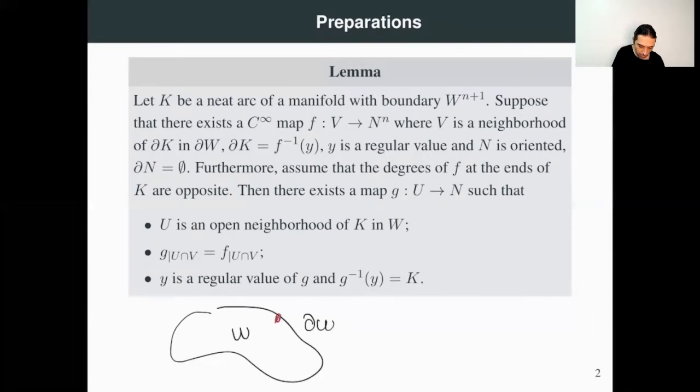We have here a neat arc, and what we are doing is indeed extending the function to a neighborhood of the neat arc, such that Y is still a regular value, and moreover, the preimage of Y is exactly equal to K. That's what we're trying to do and what we are going to prove.